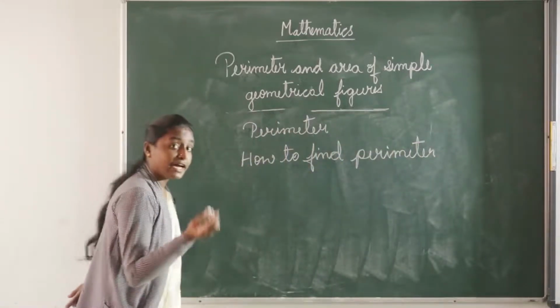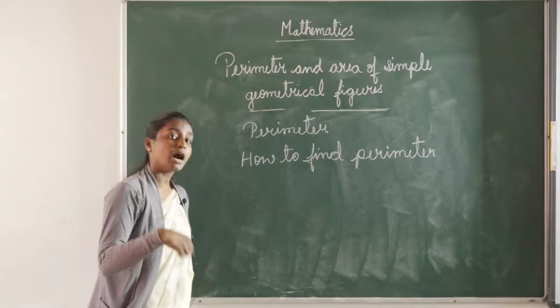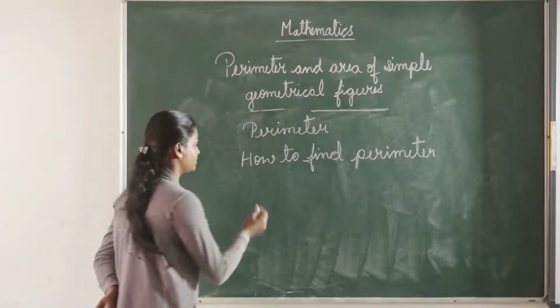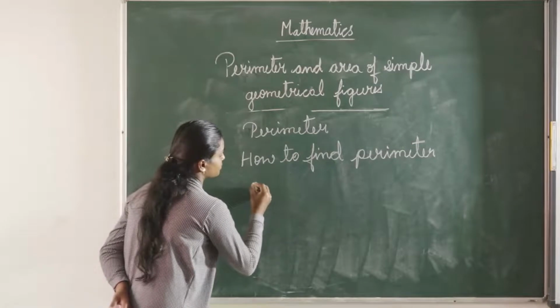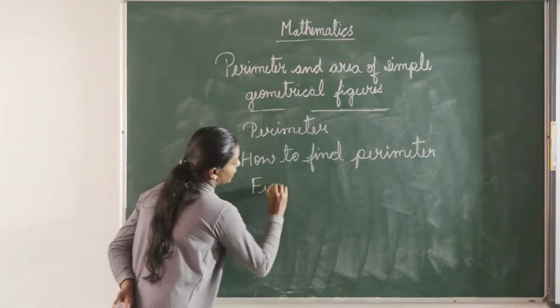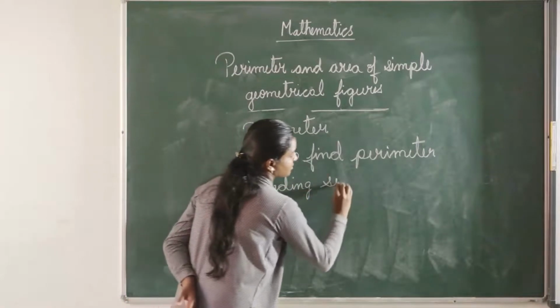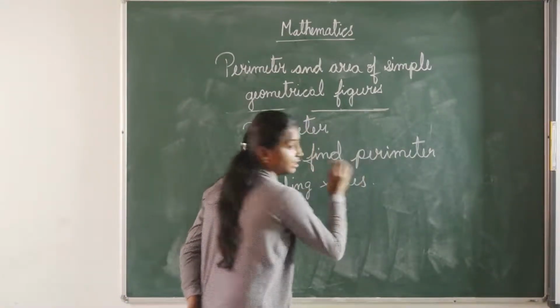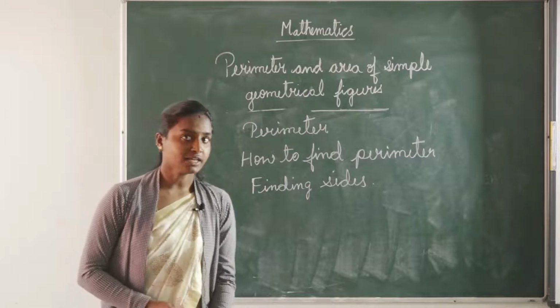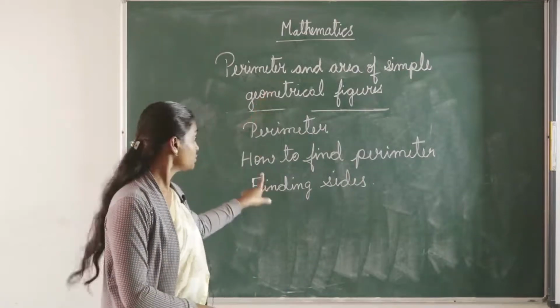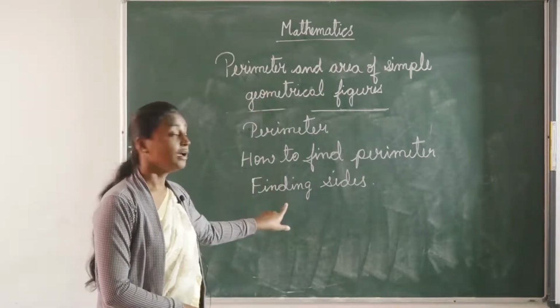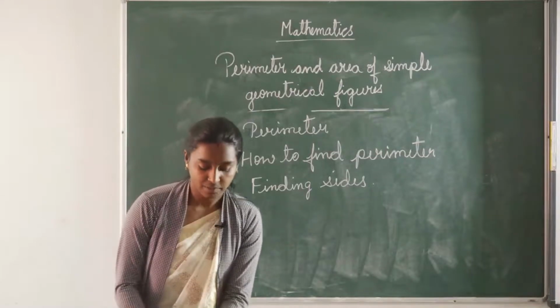Then, if they have given two sides, how to find third side? That is, finding sides. So, while coming next class, you have to work out how to find perimeter and how to find sides.